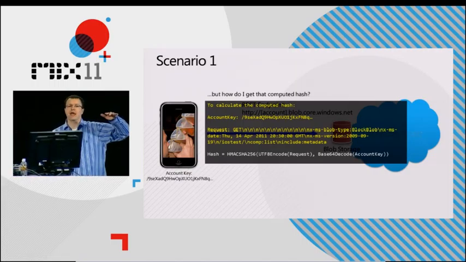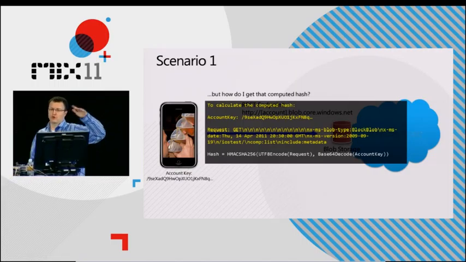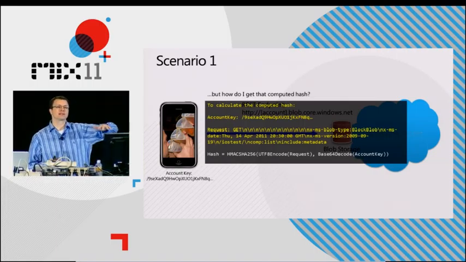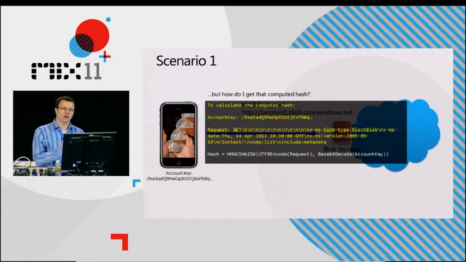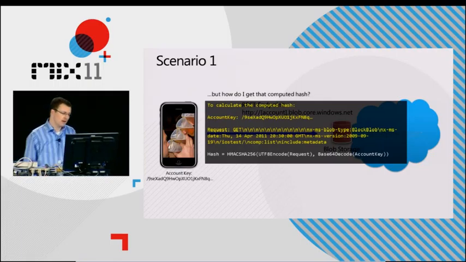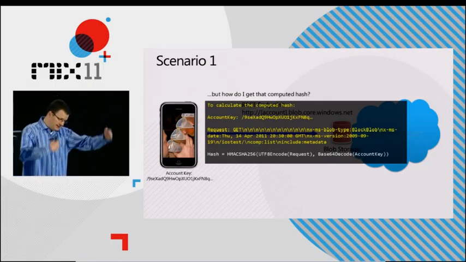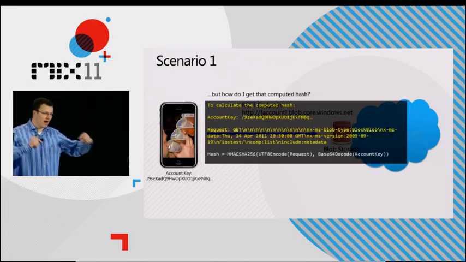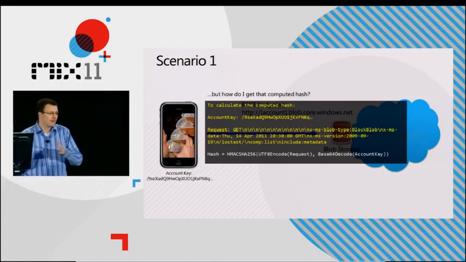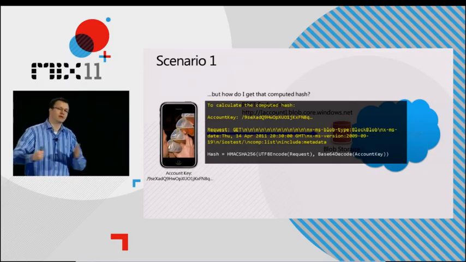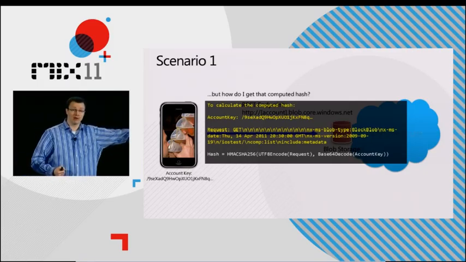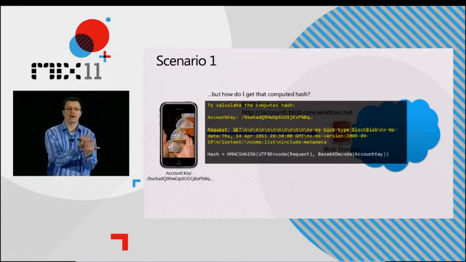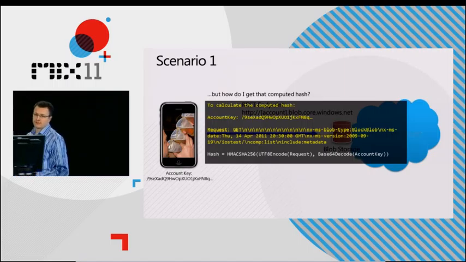We take that account key and use what's called an HMAC SHA-256 algorithm to create a digest, or a hash, based on that request. So we're saying, these are the types of things that I want, and I'm going to sign this with my key. I pass that computed hash to blob storage. The server does a very similar operation, and if those two hashes match, then you're given access to blob storage.